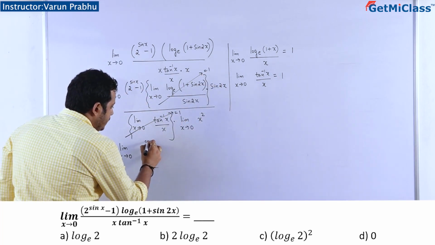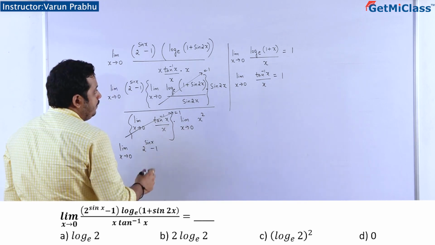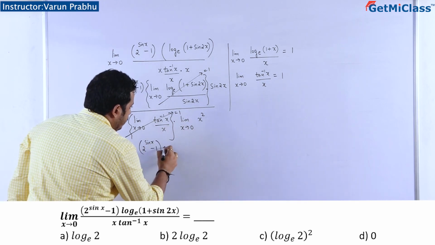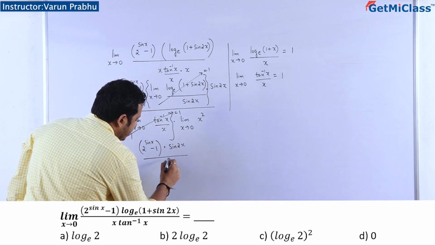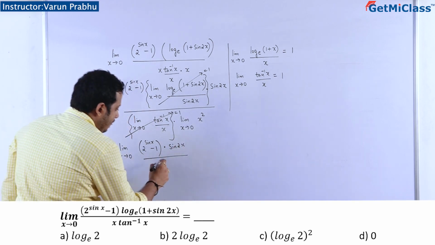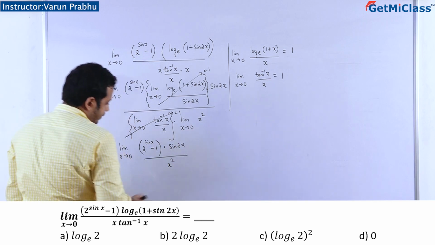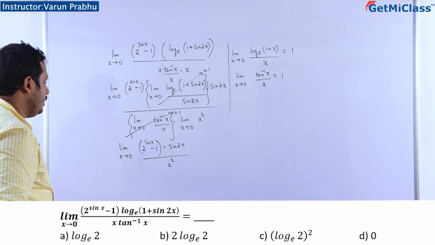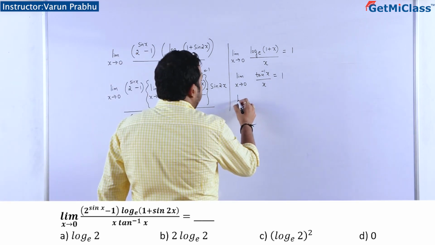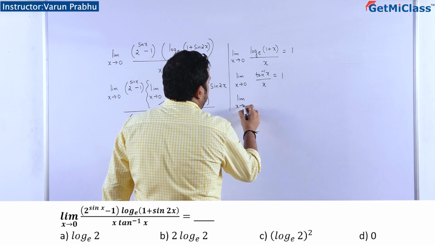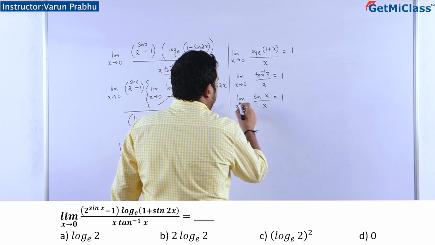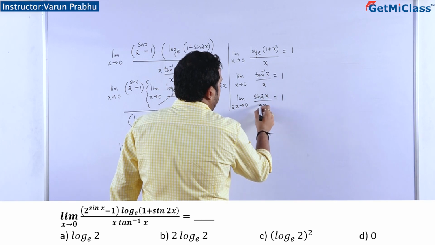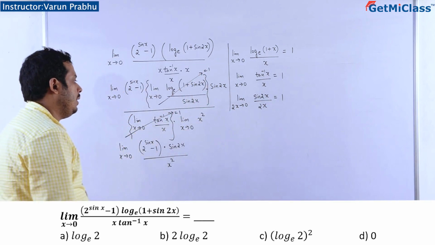So 2 to the power sin x minus 1 into sin 2x divided by x square is there. So what is your answer? The limiting value as x tends to 0 of sin x divided by x is also equal to 1. Or when 2x tends to 0, sin 2x divided by 2x is also equal to 1, right?